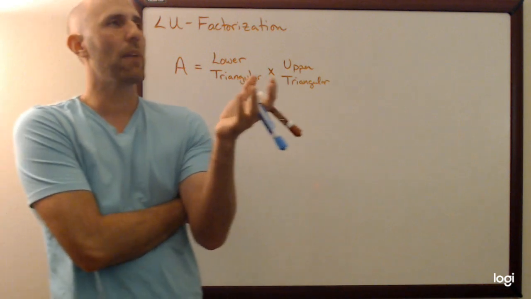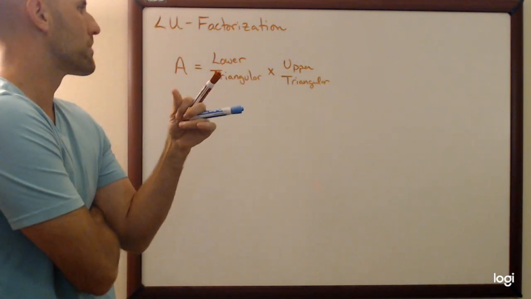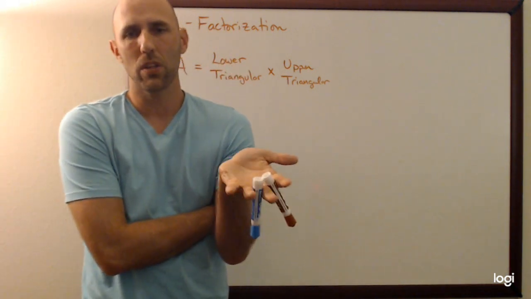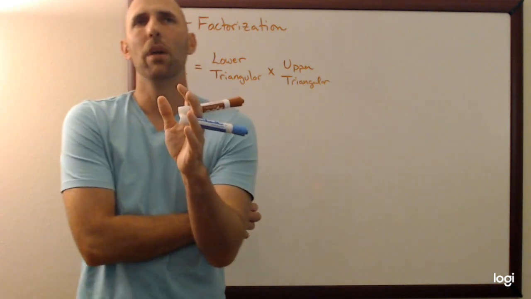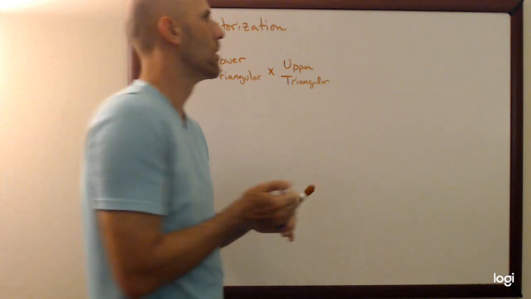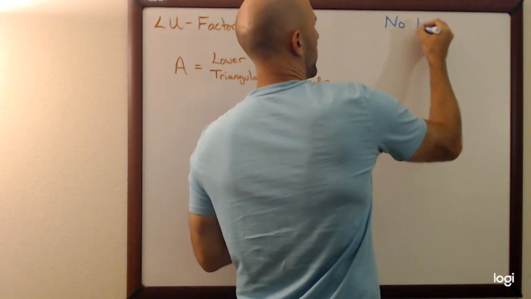But I'm going to have to restrict the elementary row operations I can use. Okay, I'm going to get into this in about 2 minutes, but I don't want to use permutation. Okay, so quick rules for LU factorization: no permutation.